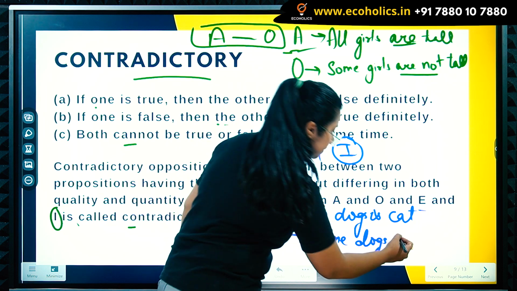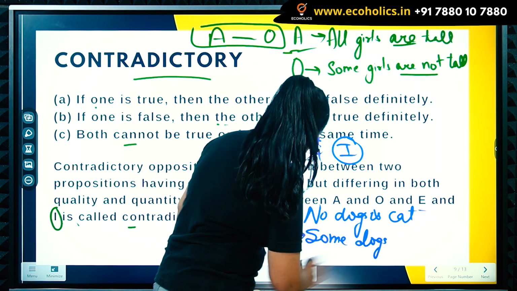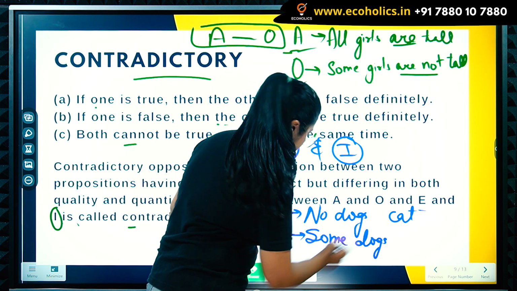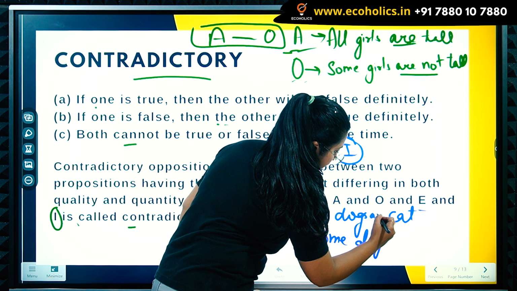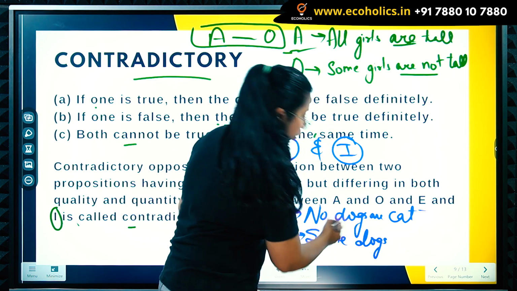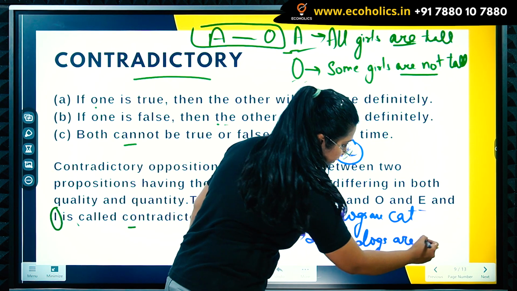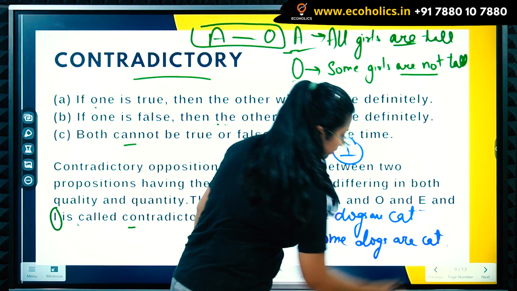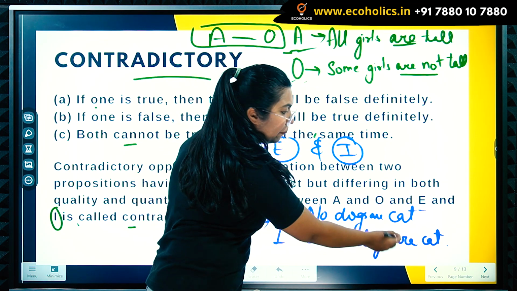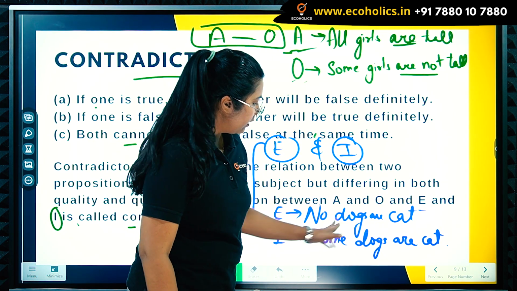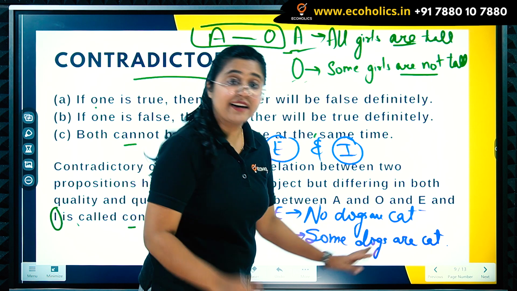So no dogs are cat, some dogs are cat. Now here the copula is the same. No dogs are cat, some dogs are cat. Copula same.